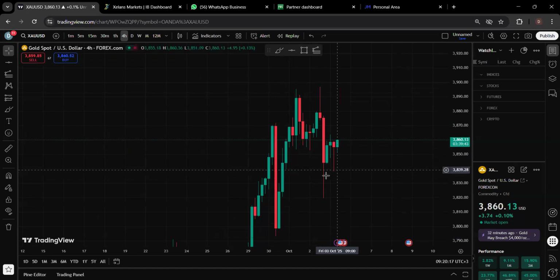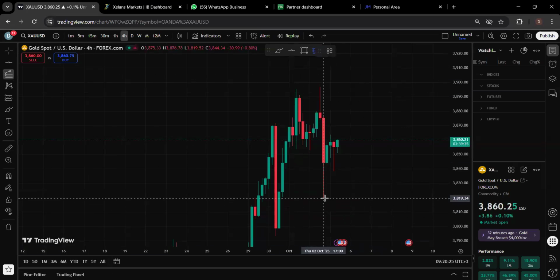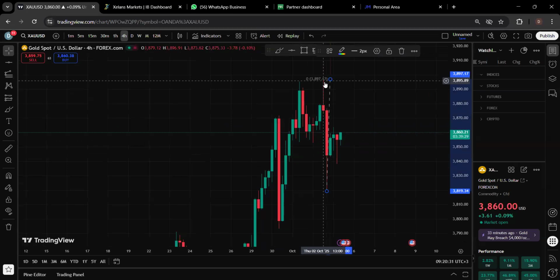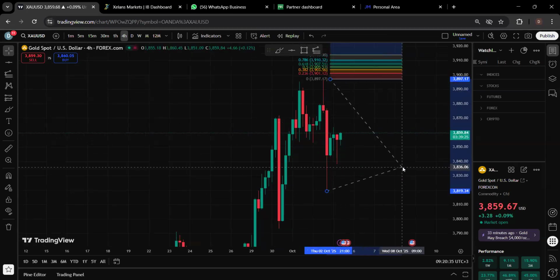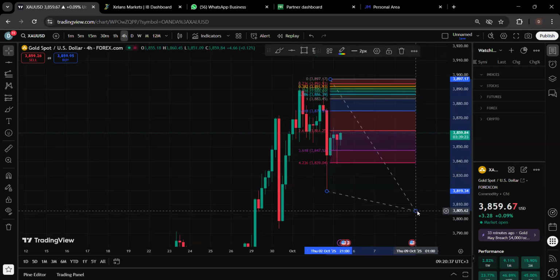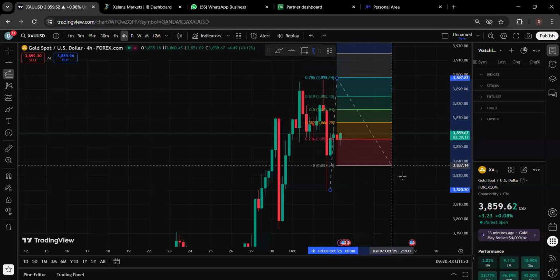But since I want to scalp, I can identify this tall wick here and this last wick here. So you can just grab from this area to this area. This is my resistance and this is my support. Then I just drag like this. This is my support, from my support all the way to my resistance, then you drag.